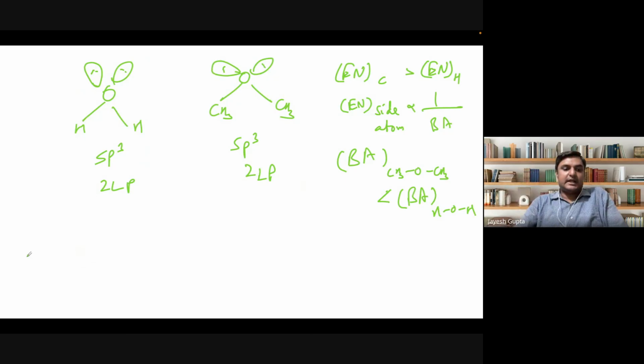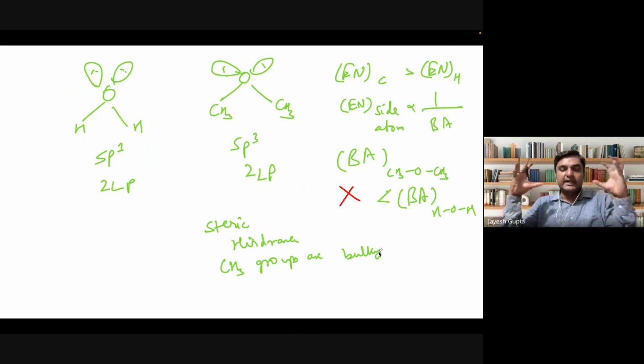But like Soham said, this is wrong. Okay. Why? Because here we have to see steric hindrance. Steric hindrance means these CH3 groups are bulky. Due to their bulky nature, they will be repelling each other.